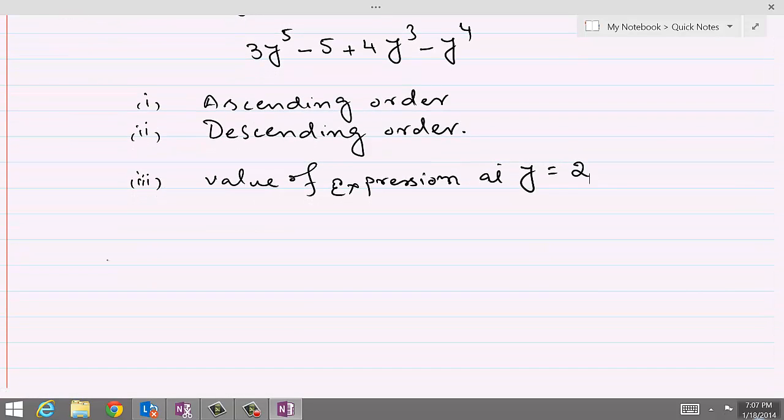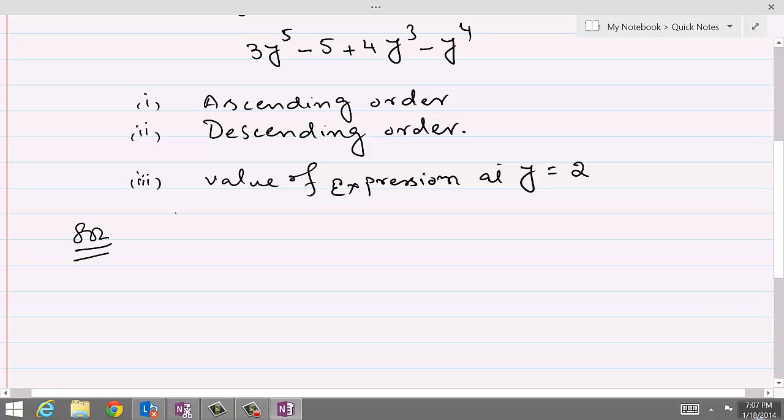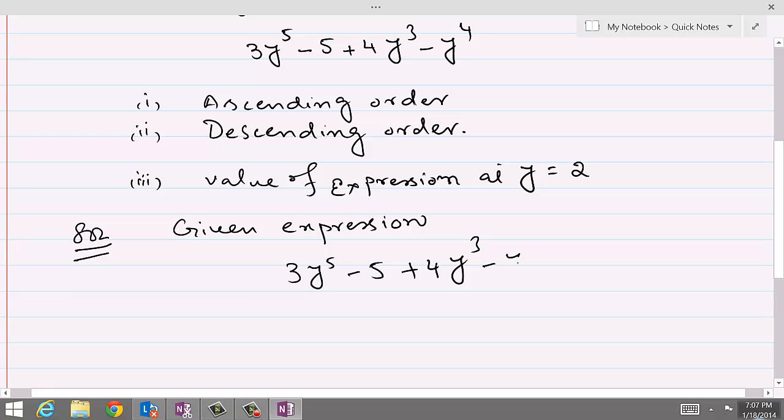Let's get started with the answer. Solution. The given expression is 3y power 5 minus 5 plus 4y cube minus y power 4.